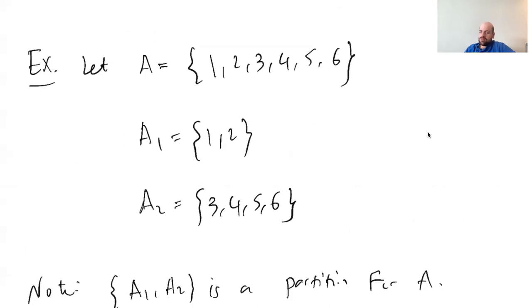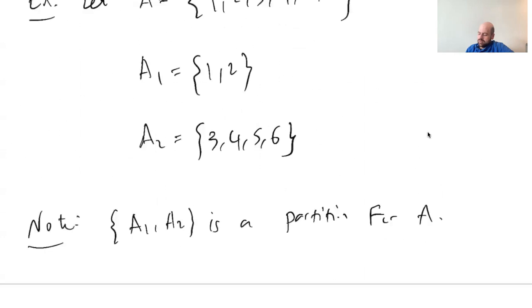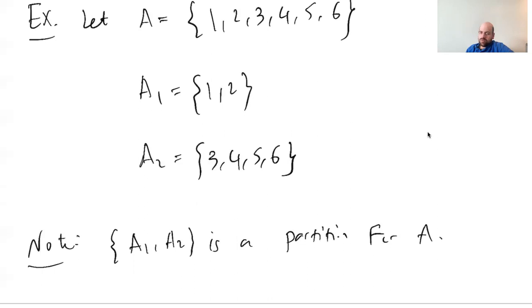So two elements are in relation with each other if both those two elements are included in one of the capital AIs. Similarly, (2,2), and (1,2), and (2,1), right? These must be in R because 1 and 2, both of them are in A1. So 1 is in relation with 2. Similarly, 2 is in relation with 1, again, because 2 and 1 both are in A1.